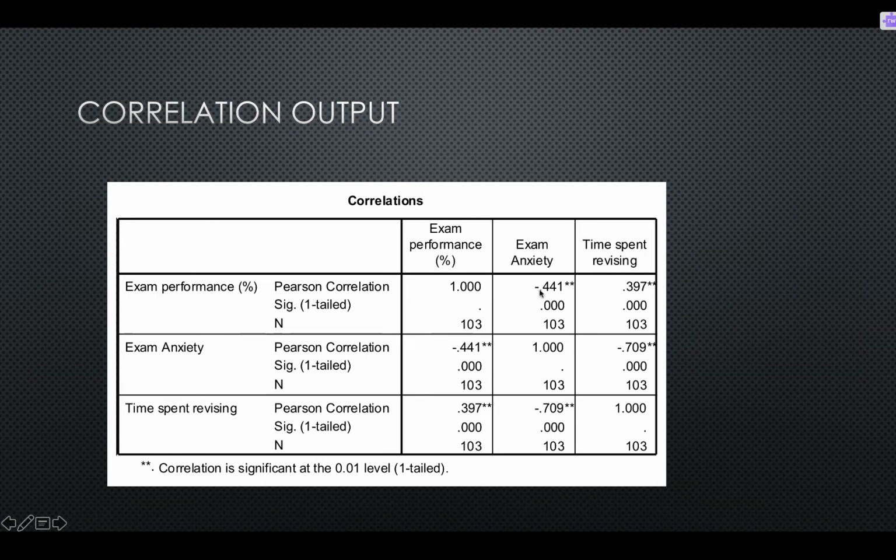It's a negative correlation at .441, so it's pretty much still a slight correlation, okay? And then over here, time revising and exam performance. Now that would be more of a slight positive correlation. This would be negative, and how you know it's negative, there's a negative sign. Over here, there's a positive sign. So negative correlation, positive correlation. Okay?